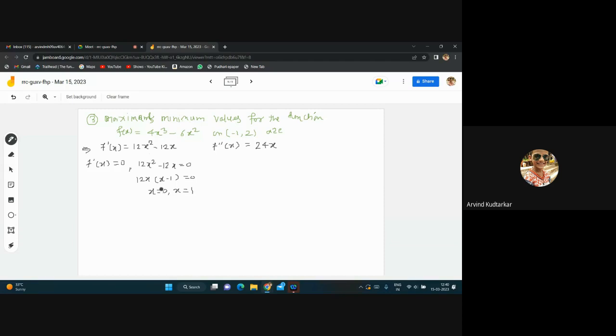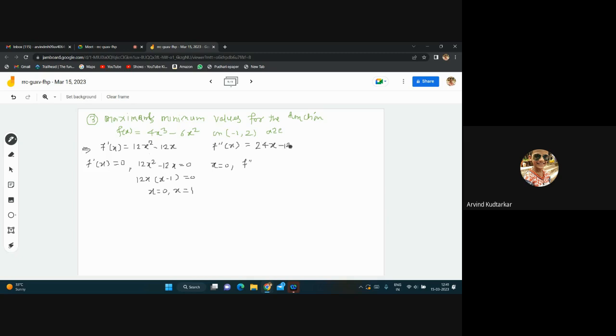For these two values we have to find the value of the function, whether it is maximum or minimum. How do you find that? First see x is 0. We have f double dash of x: f dash of x is 12x square minus 12x, so f double dash of x means the derivative of x square is 2x, so 24x, and derivative of x is 1, so minus 12.